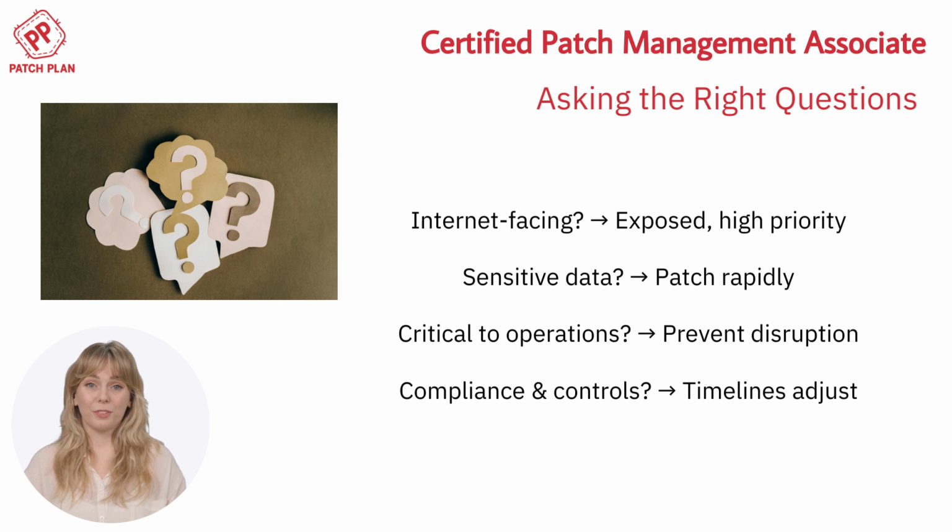Is the system critical to operations, where exploitation could disrupt customer services, financial transactions, or patient care? Are there compliance requirements like PCI DSS or HIPAA that define strict timelines? And finally, are compensating controls in place, segmentation, monitoring, or temporary mitigations that might allow safe delay? These questions provide a practical framework for aligning patching with real business risk.